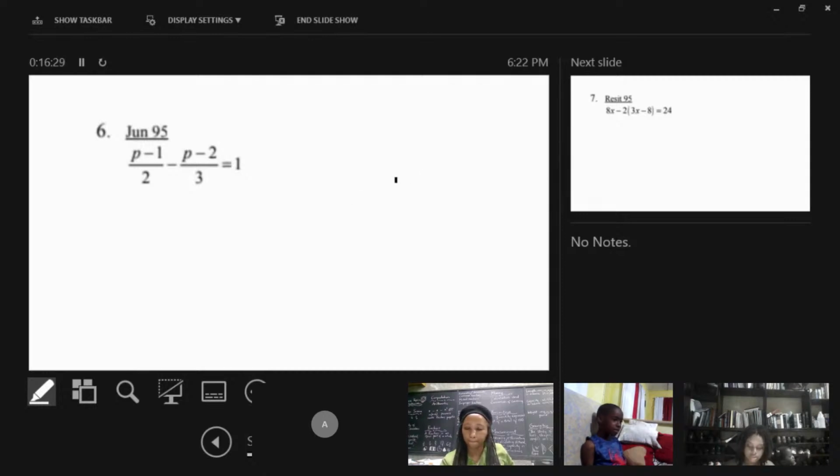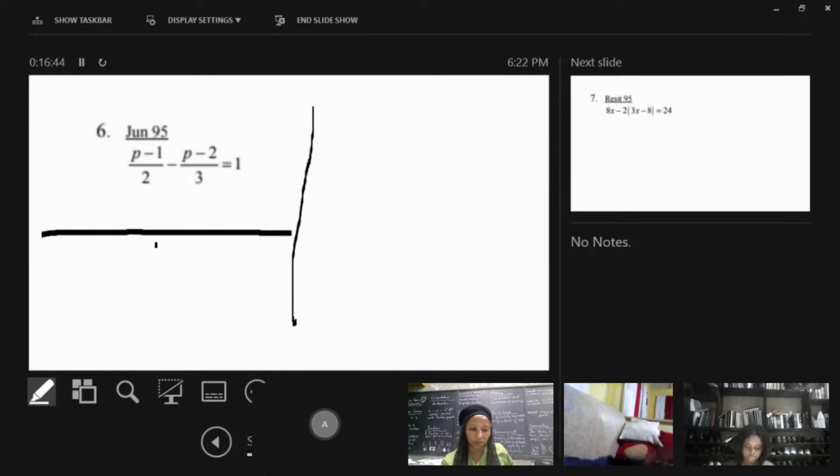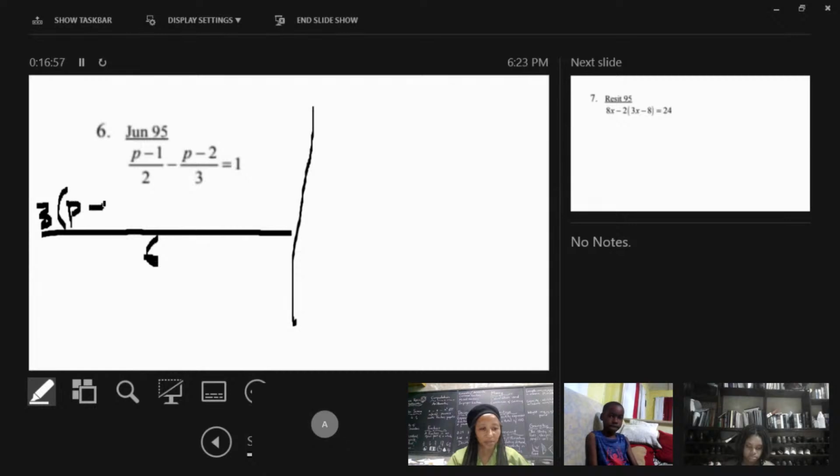P minus 1 over 2 minus P minus 2 over 3 is equal to 1. We'll find the lowest common multiple of 2 and 3, which is 6. 2 into 6 goes 3 times, so 3 times p minus 1, which is 3p minus 3.